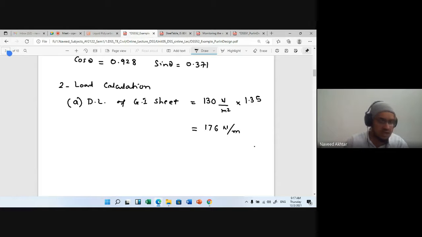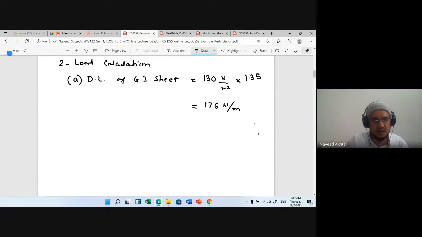Similarly, these are the dead loads from the sheeting, and then the self weight of the purlin also acts.